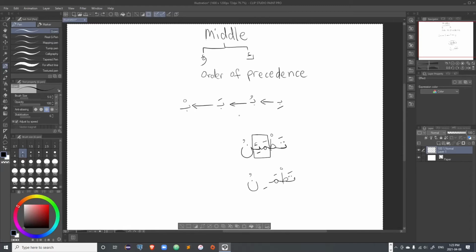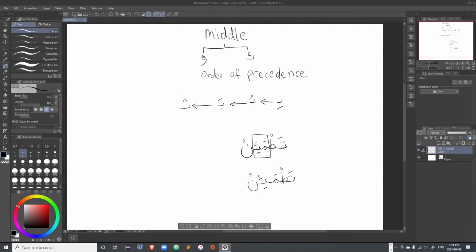How do you write a hamza on the style of a kasra, or on a ya? The toothed one. Pretend this is a ya, but without the two dots. So it will be on the tooth.